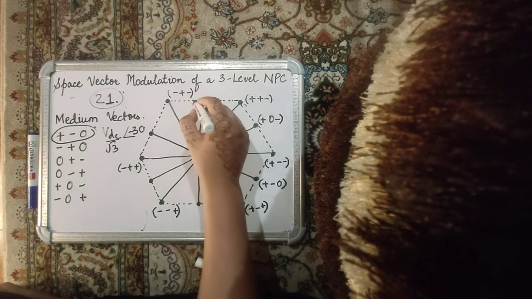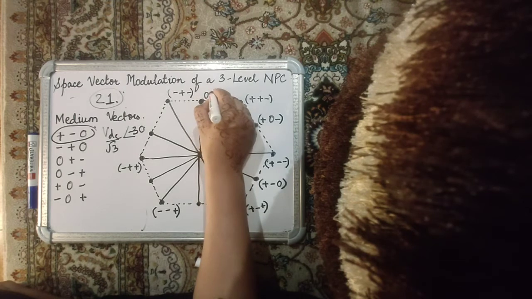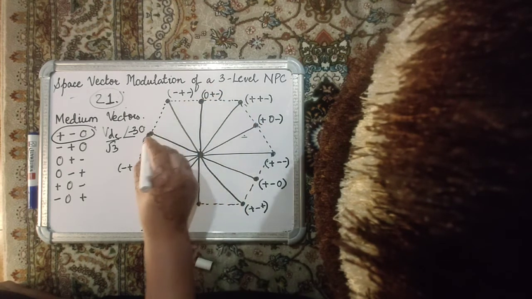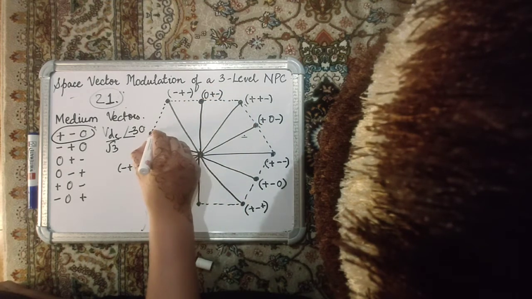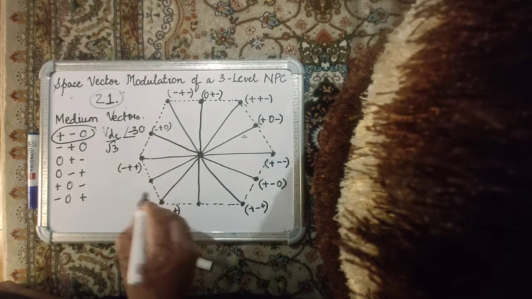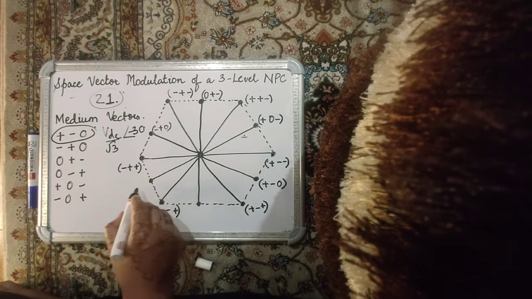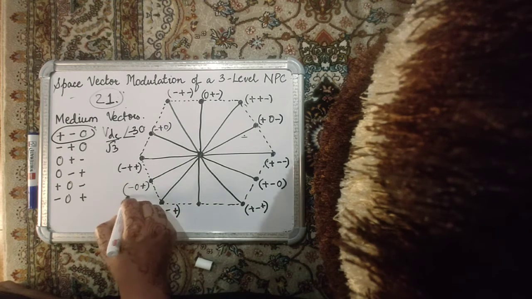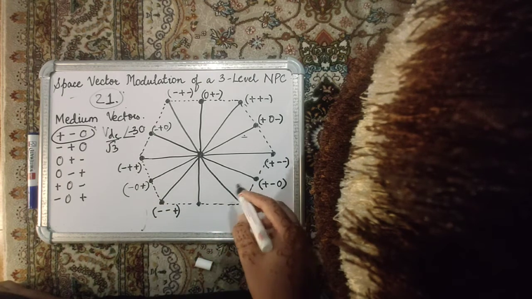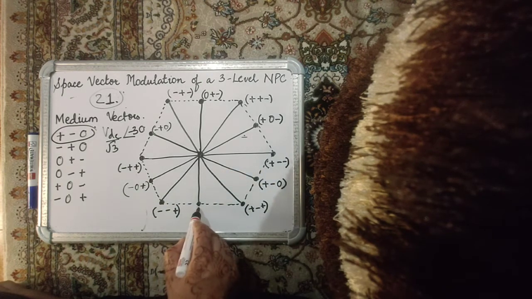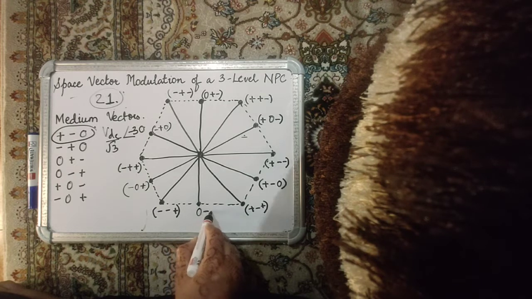This one over here is 0 plus minus. This one over here is minus plus 0. This one over here is minus 0 plus. This one over here is 0 minus plus.